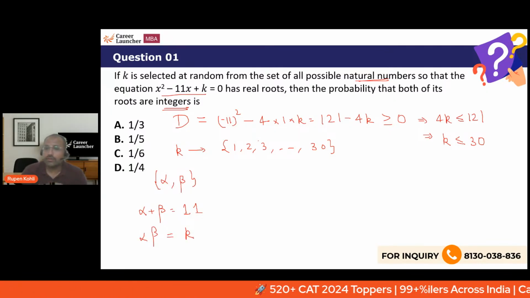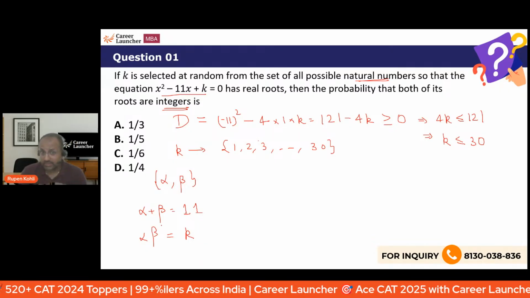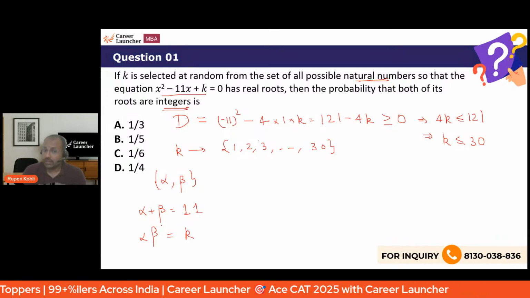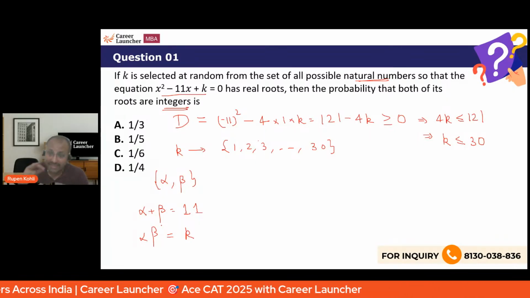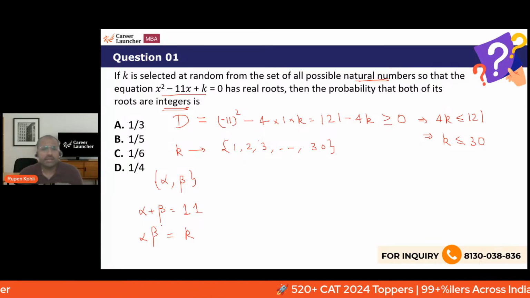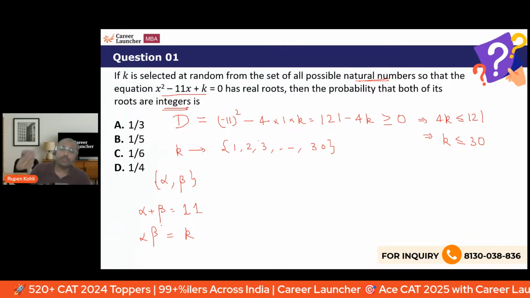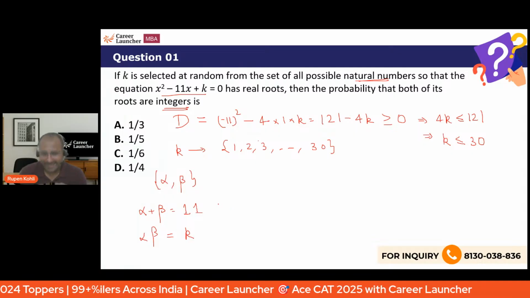K is a natural number such that it's the product of roots, and we know the sum of roots is 11. Quite obviously the roots need to be positive integers only. I can't have roots like minus 2 and 13 adding up to 11, as that would make the product of roots negative. So we can only work in the positive integer domain.